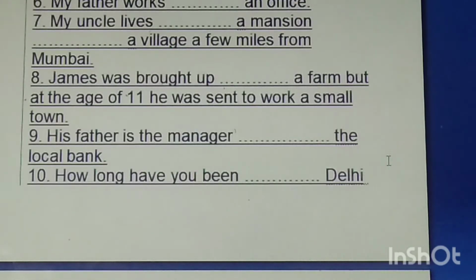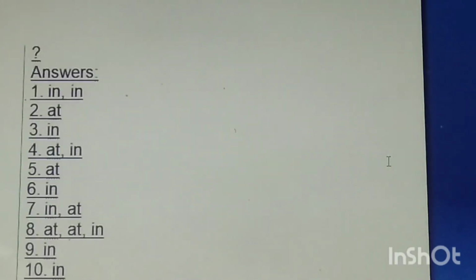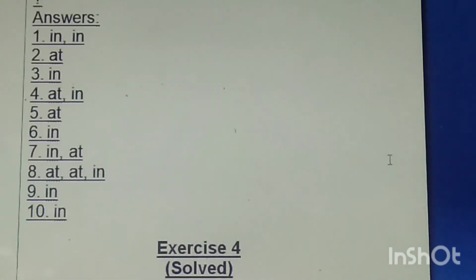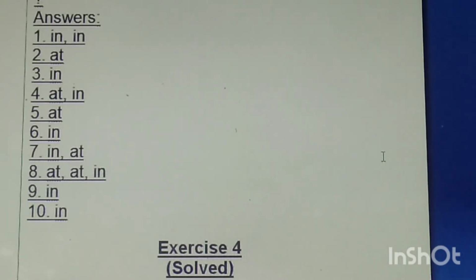Okay, 10 questions. Now here are the answers. Come on, check whether you got all the answers correct or not. In, both the blanks. In, at, in, fifth answer at, sixth in, seventh in, at, eighth at, in, ninth in, 10th in.